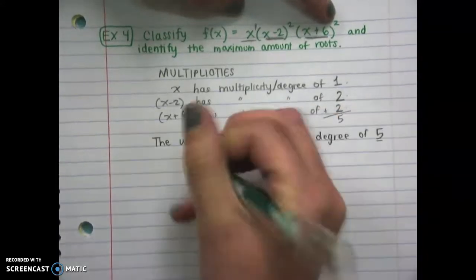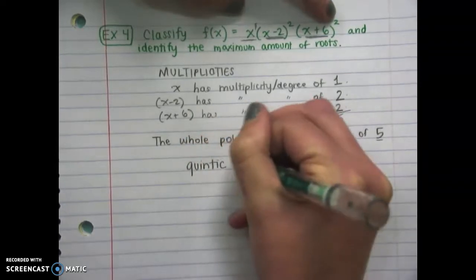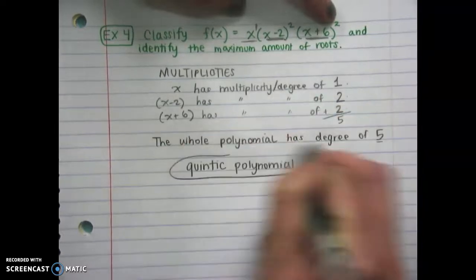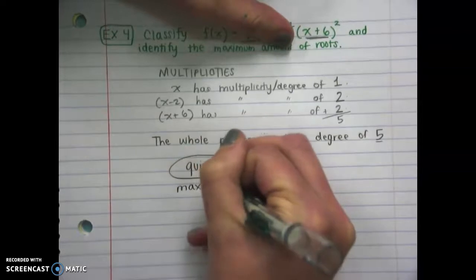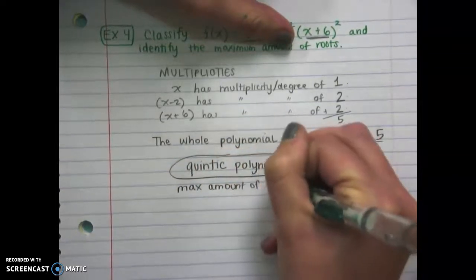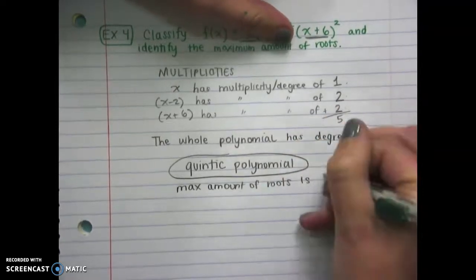So a degree of 5 would be a quintic polynomial, which means the maximum amount of roots or solutions or x-intercepts when we're graphing is 5.